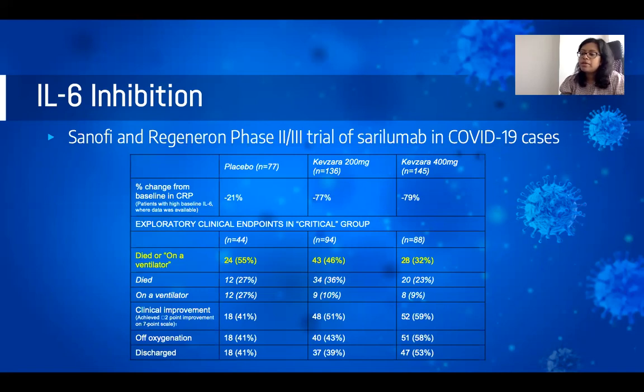So sarilumab had no notable benefit on clinical outcomes when combining the data from severe and critical groups versus placebo, but there was a negative trend in outcomes in the severe group, while there was actually a positive trend for outcomes in the critical group.